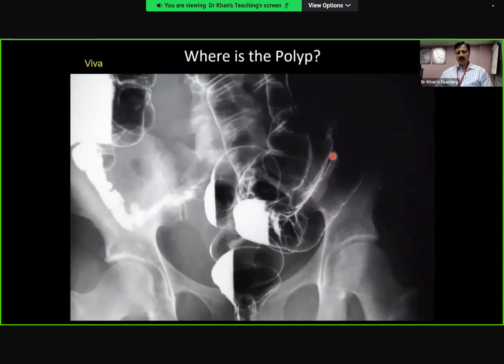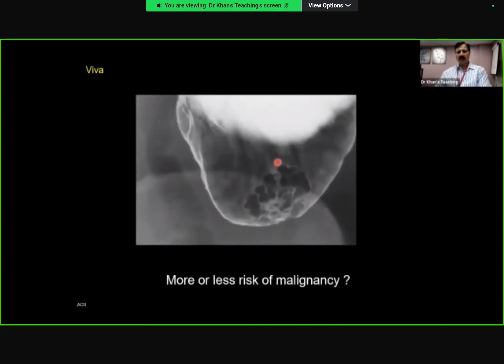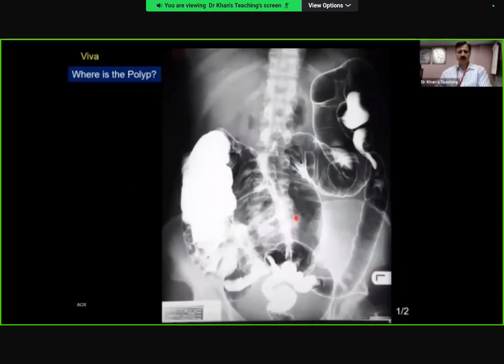If you see here, this is again a tubular polyp which is etched in barium, and this is how it looks. And this, on the other hand, is an example of a sessile polyp, and we know that the risk of malignancy is more in a sessile polyp. Where is the polyp in this film?